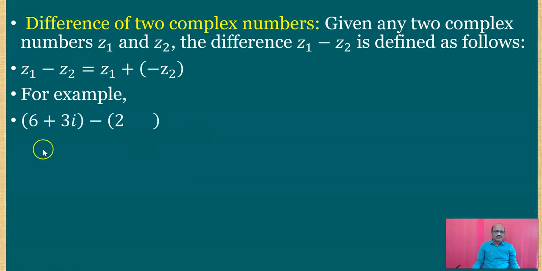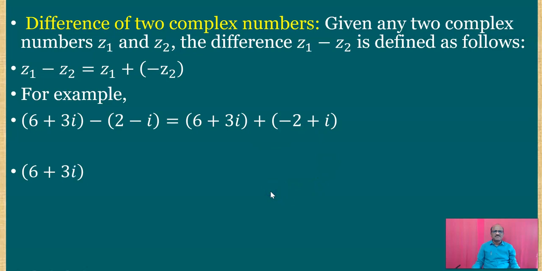For example, (6 + 3i) minus (2 minus i) is equal to 6 + 3i plus minus 2 plus i, which is 6 + 3i minus 2 plus i. If we simplify it, 6 minus 2 is 4, and 3i plus i is 4i.